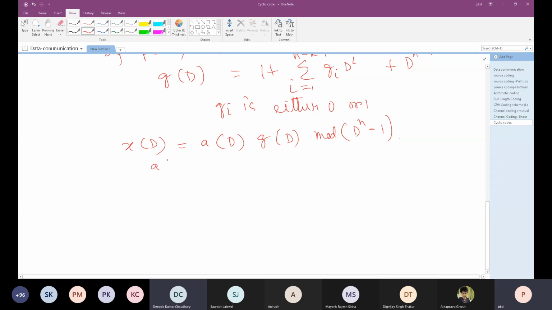Where A(D) is a polynomial of D, A(D) equal to A0 plus A1D, like that, plus A(k minus 1) D to the power k minus 1.